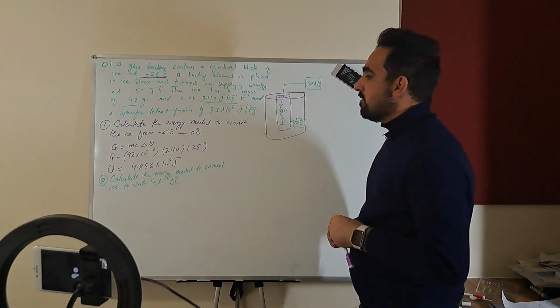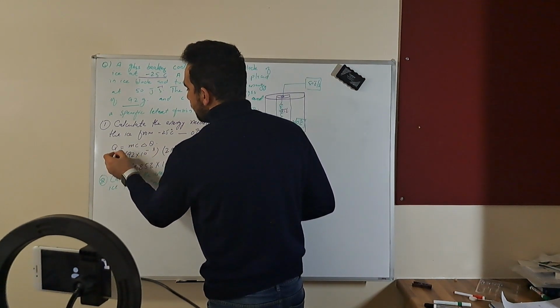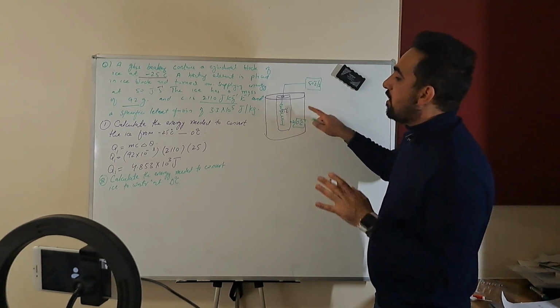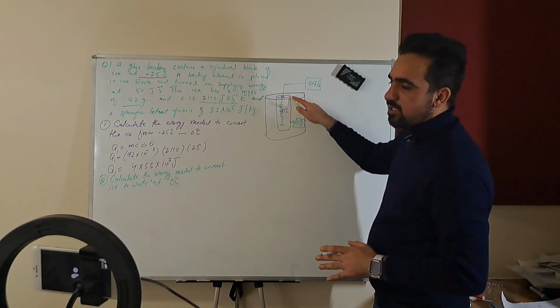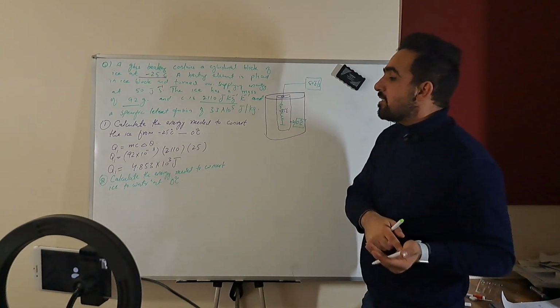So we are going to, let me just call it Q1. That's our first type of energy that is being transferred for absorbing. That's the energy absorbed by ice to raise its temperature.